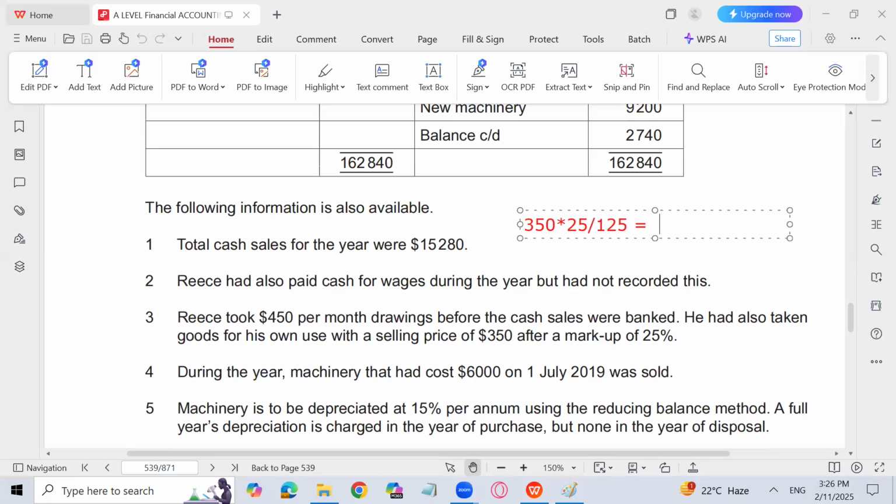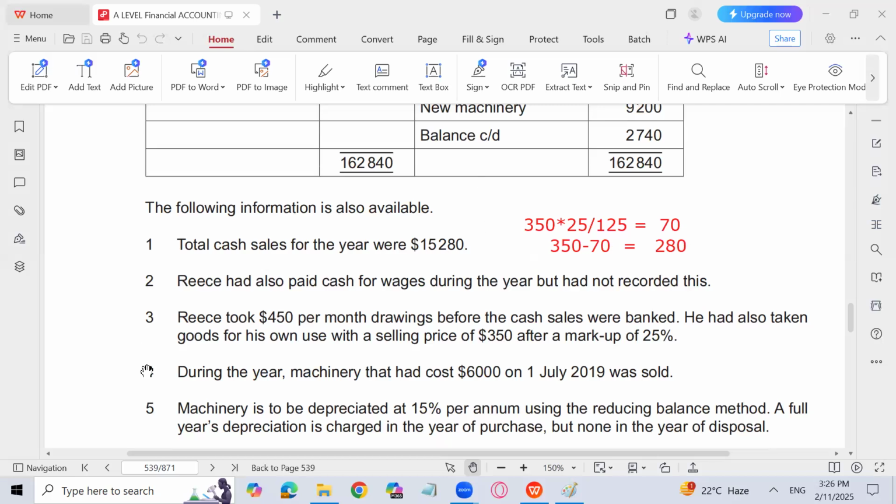How much will it come? 350 into 25 over 125 is 70. You can also tell me, obviously you will have it solved. 350 minus 70, you will find the cost, that is 280. That is the cost price of the goods drawing, which we will subtract from the purchases.